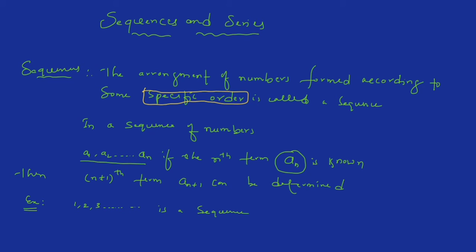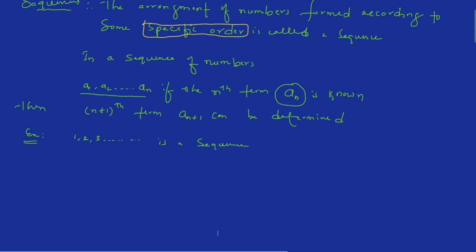Similarly, if I take one more example, that's 2, 2 by 3, 2 by 9, 2 by 27, and so on, is a sequence. It is also a sequence because 2 by 1 is 2 only here, right?